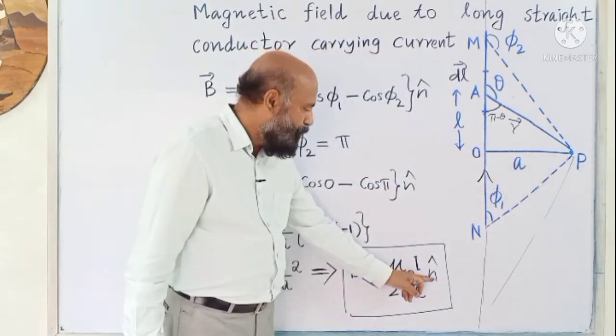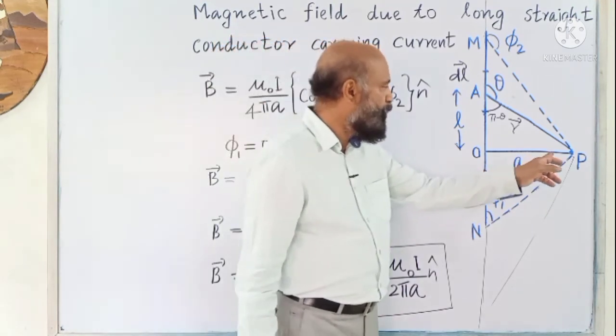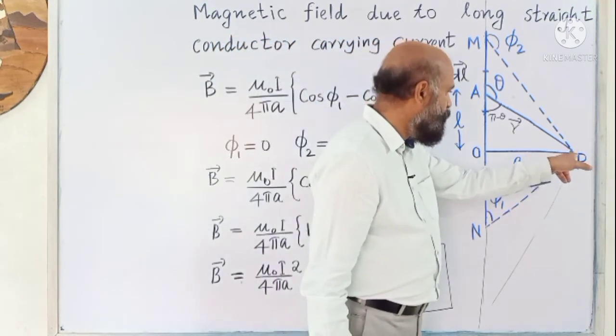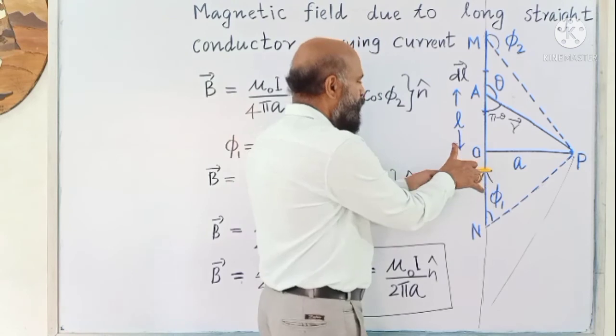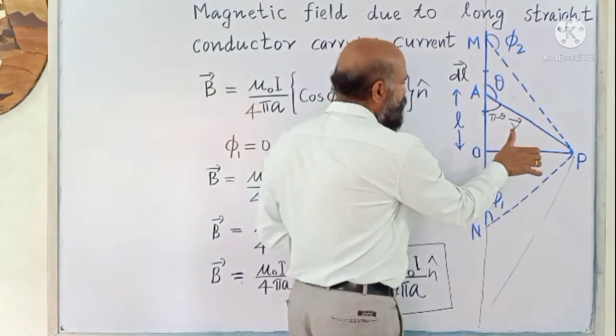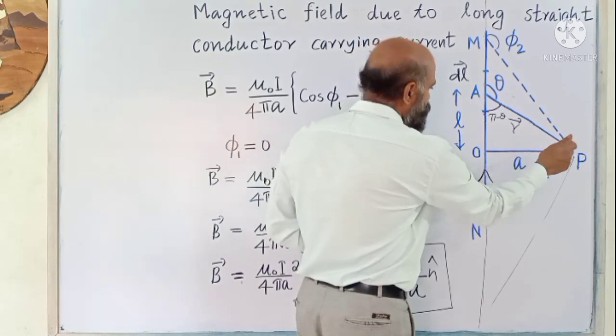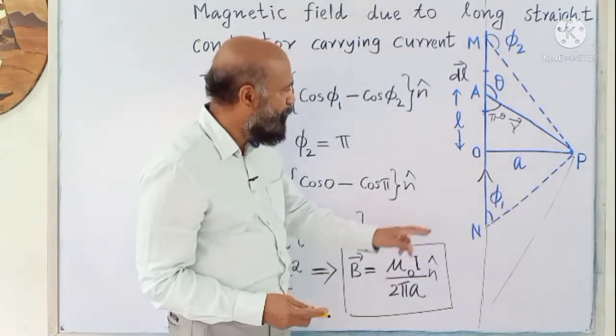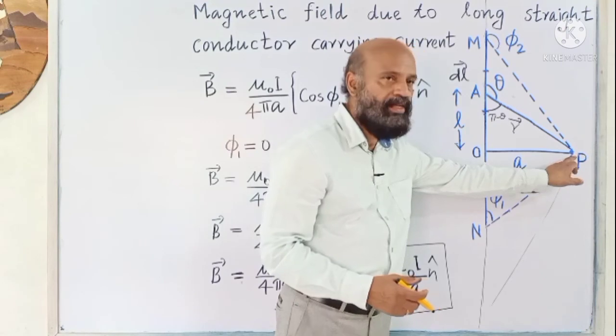This n cap shows the magnetic field is directed into the board. Here the current is in the upward direction. As per the right hand thumb rule, the field is directed into the board. So this n cap shows the direction of the magnetic field.